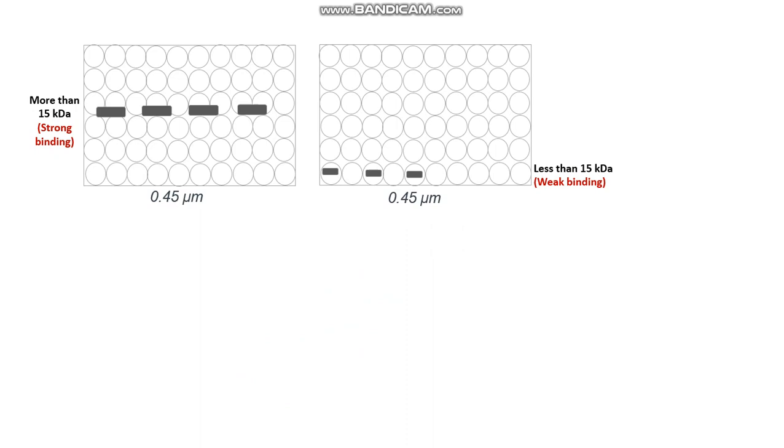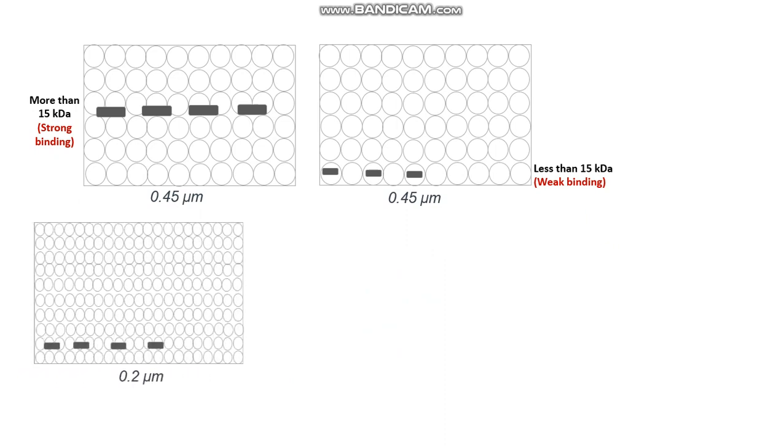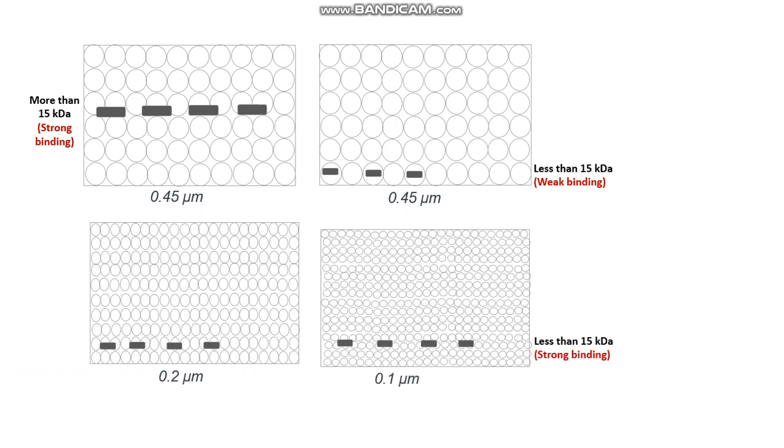This is why the smaller protein cannot bind properly. So in that case, you need to select the 0.2 micrometer or 0.1 micrometer membrane. For proteins less than 15 kDa, it has strong binding with the 0.2 or 0.1 micrometer pore size membrane.